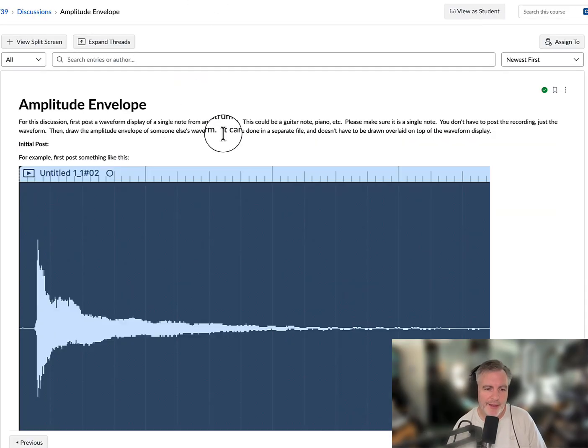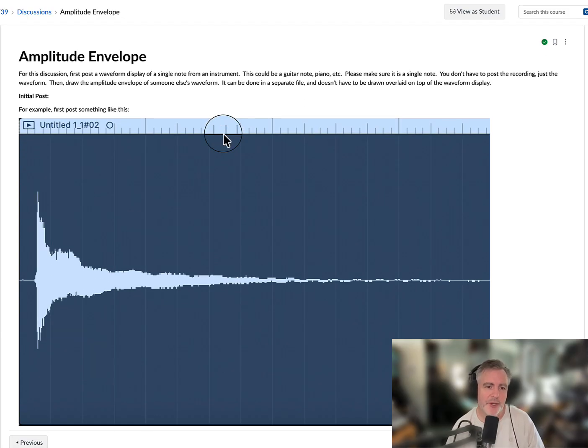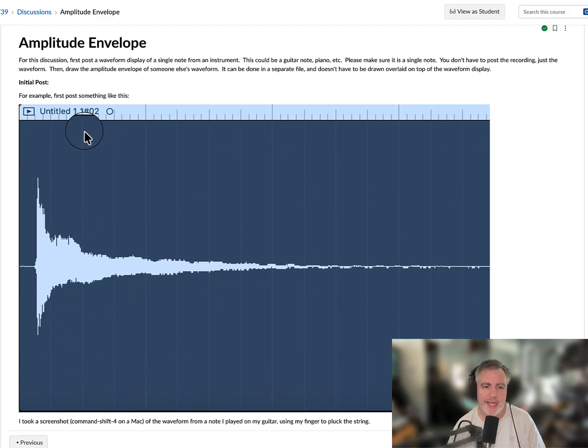So what I'd like for you to do in the next part, which is a discussion, is go ahead and take a screenshot of a sound waveform. You can do it yourself. If you find a waveform somewhere already, an image of a waveform, you could use that too, I suppose.